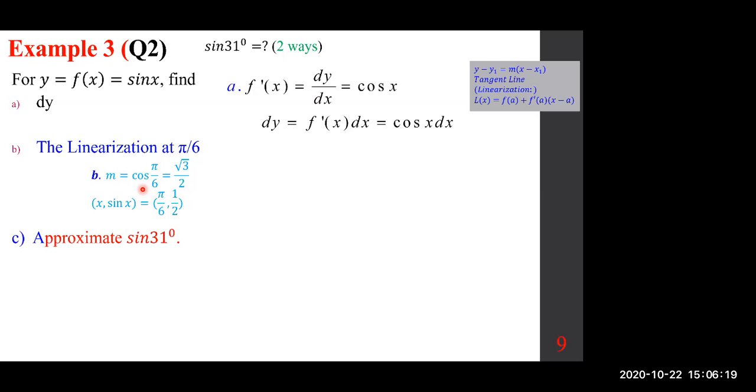So what do we do? We write this formula and we plug in, everybody. Write this formula, the point slope. So y minus 1/2 equals m, square root of 3/2, times x minus pi over 6. Point slope, plug in.